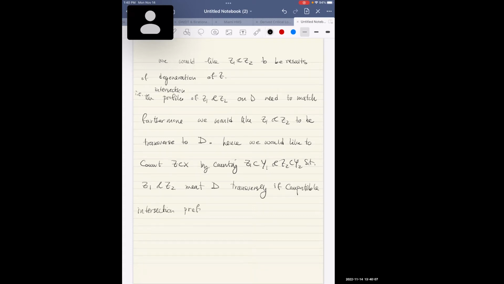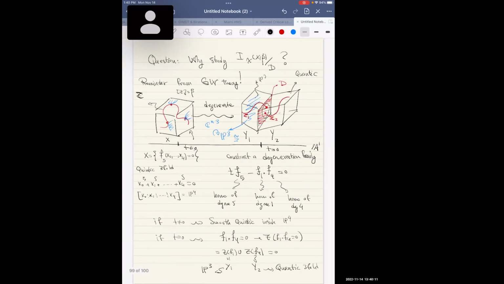Okay, that's why we are interested in transversality of a subscheme with respect to a divisor.